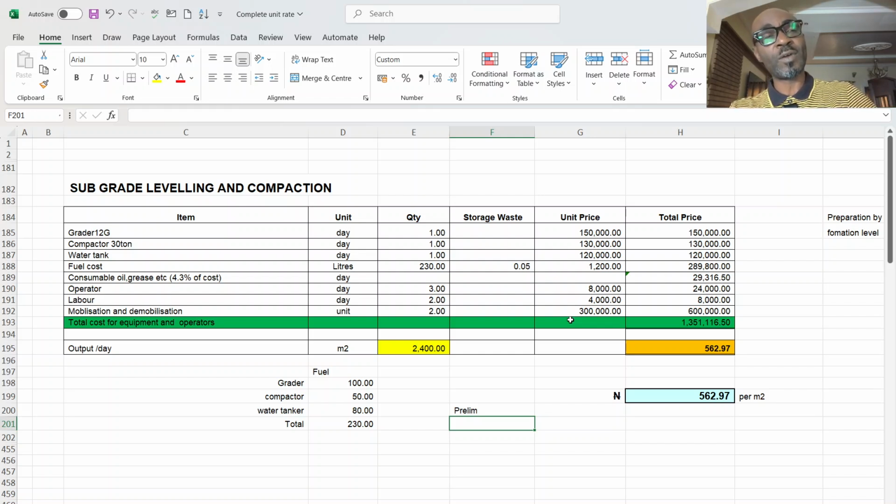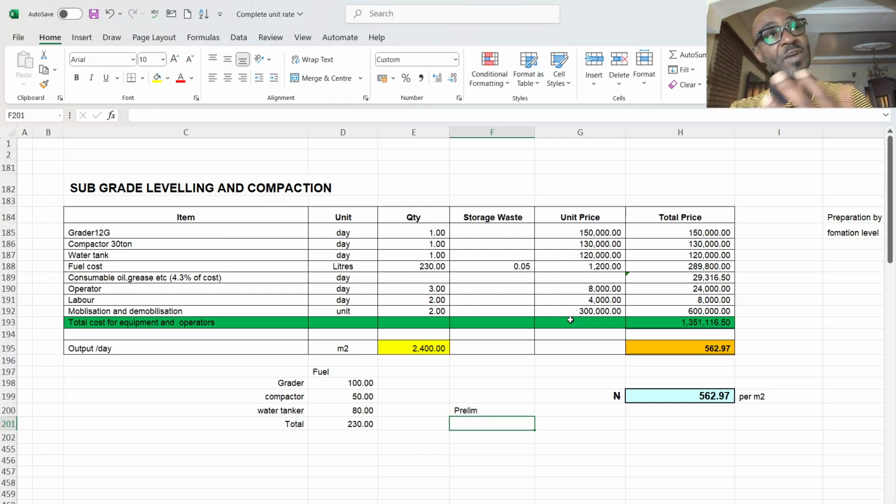For a gang of this equipment, the excavator and the compactor, usually the total cubic meter volume of earth they can grade, cut, is between 400 and 350 cubic meters.